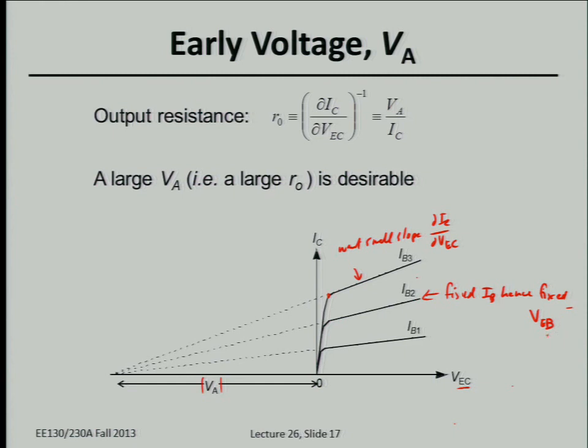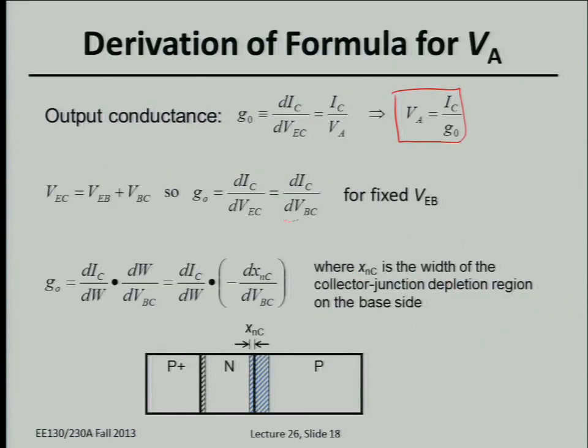It's the same as taking it with respect to VBC, since VEC equals V plus VBC. If you take a derivative of this, the fixed term goes to 0 because it's not changing. So a change in VEC is the same as a change in VBC. That's why we care about the derivative with respect to a change in VBC, which is just the change in the reverse bias voltage on the collector junction.